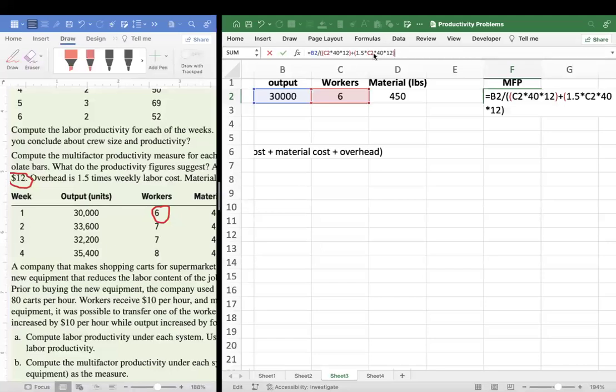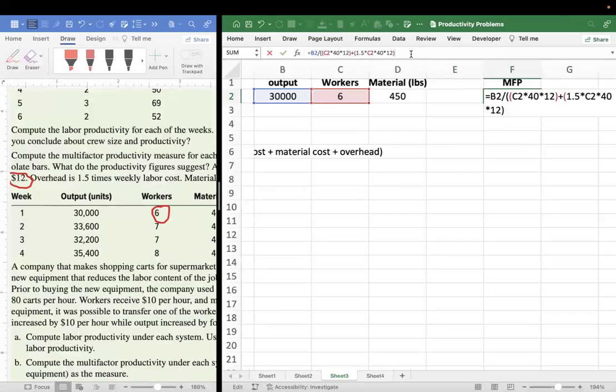That becomes overhead cost. So this was our labor cost, and to calculate overhead cost, I multiplied it by 1.5: 1.5 multiplied by C2, the number of workers, multiplied by 40 hours per week and multiplied by $12.